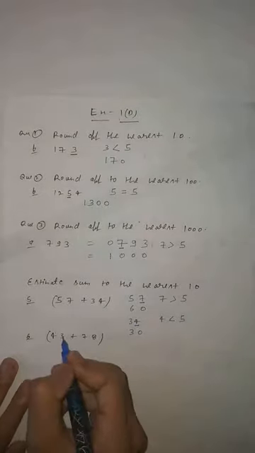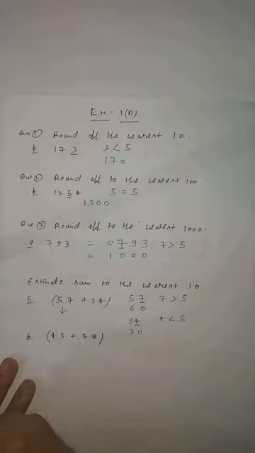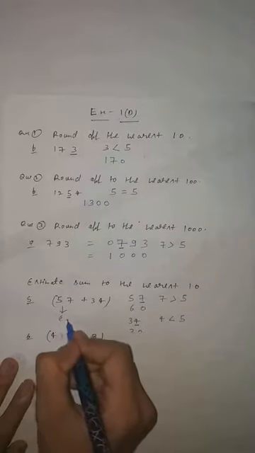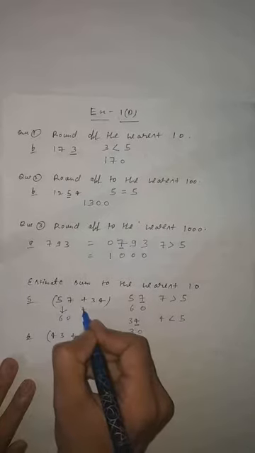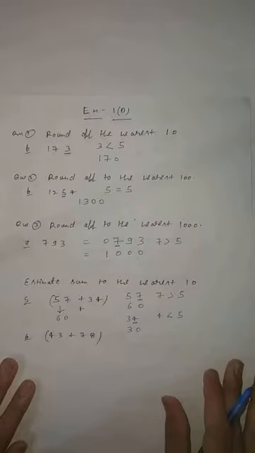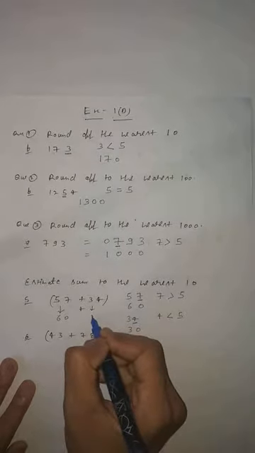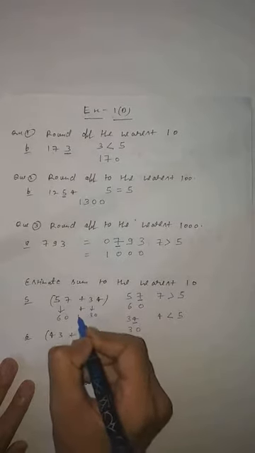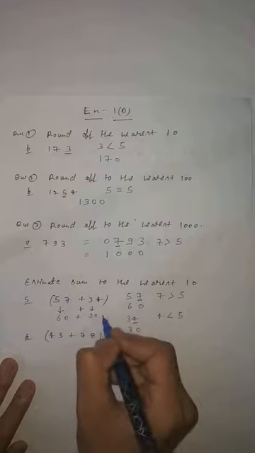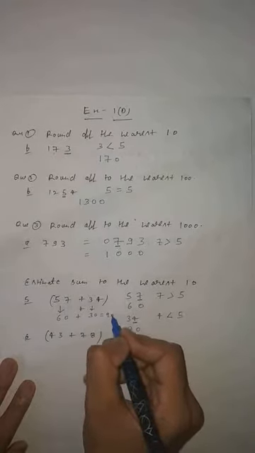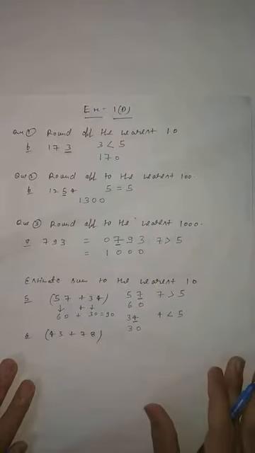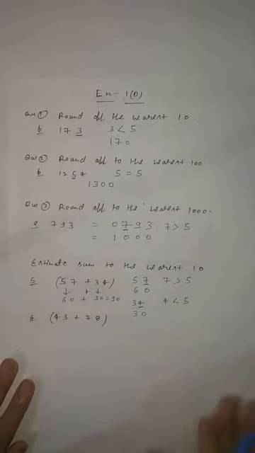So what is the result, student? 57 becomes 60, and 34 becomes 30, and you have to find the sum, student. So 60 plus 30 becomes 90. Clear, student? This is very easy. You have to focus only on the rule.